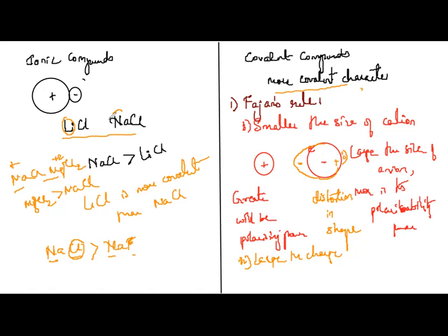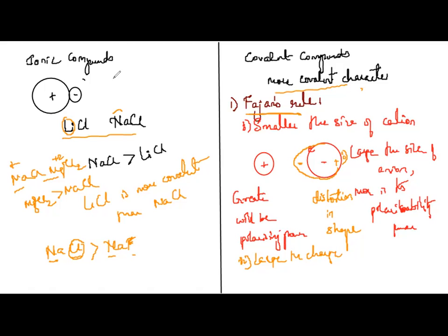Based on the Fajans rule, we can say which ionic compound has more covalent character. In ionic compounds, which one has more covalent character can be said by which rule? Fajans rule. Very, very important rule.